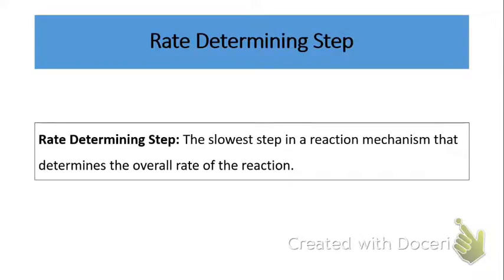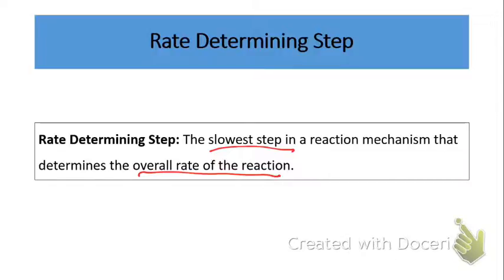All right, another vocabulary word I'd like to introduce is the rate determining step. Now, the rate determining step, by definition, is the slowest step in the reaction mechanism. It is the rate determining step that is going to determine the overall rate of the reaction. In other words, the slowest step in the mechanism determines really how fast the reaction is going to occur.